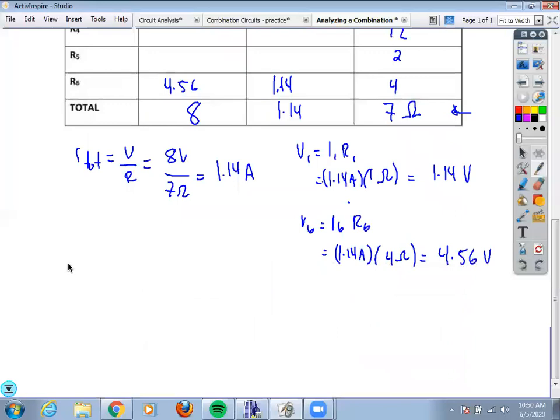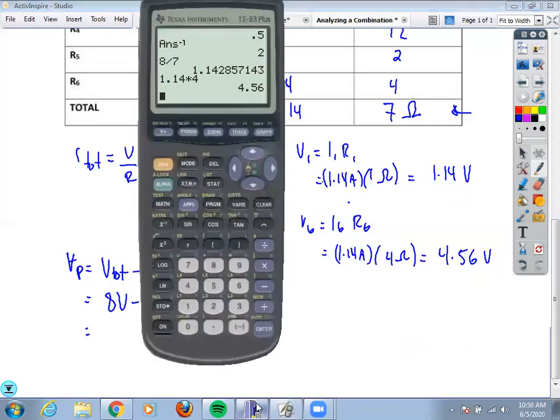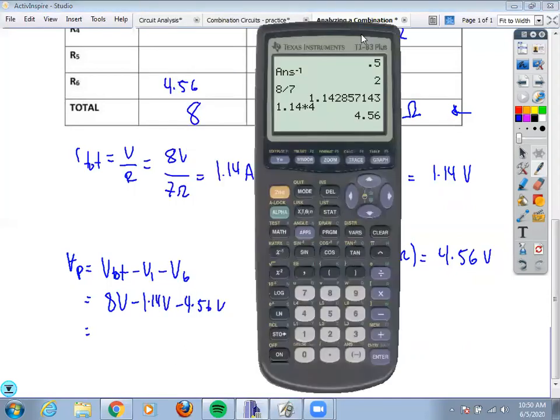So V parallel will equal V total minus V1 minus V6. 8 volts minus 1.14 volts minus 4.56 volts. 8 minus 1.14 minus 4.56 gives us 2.3 volts.